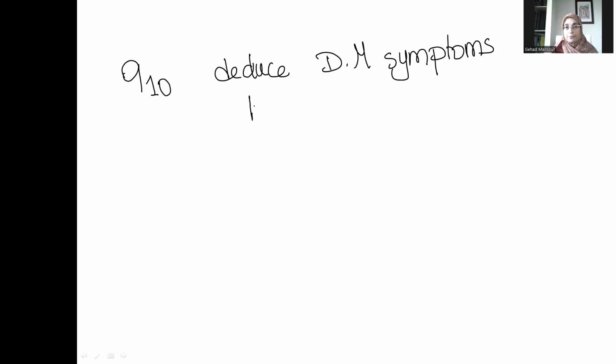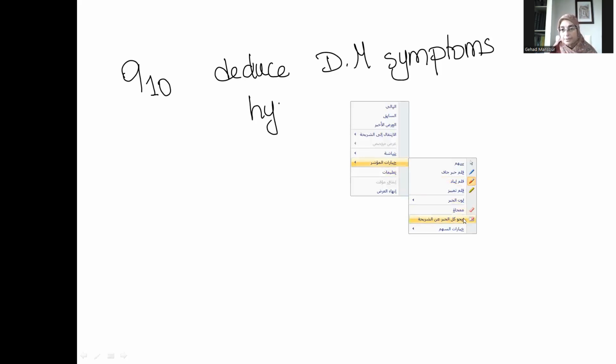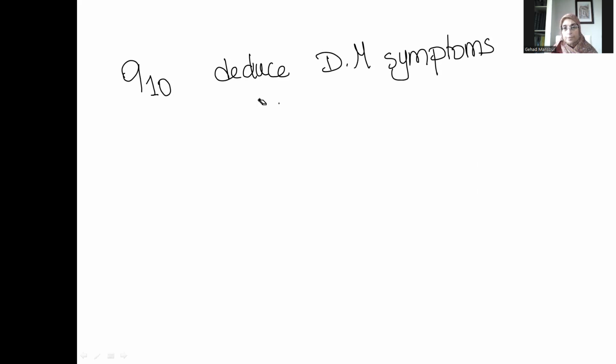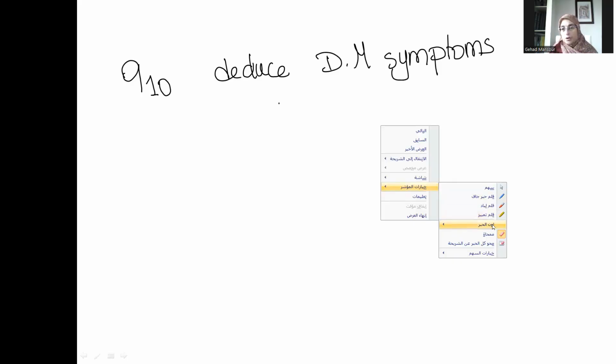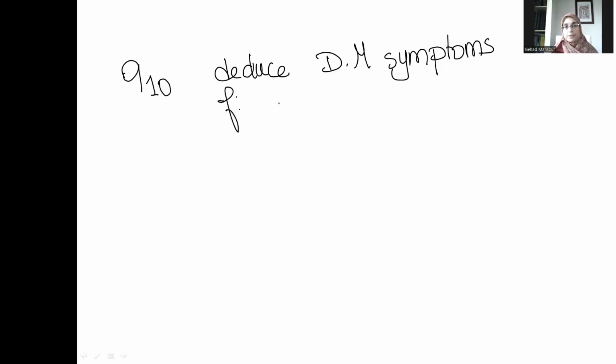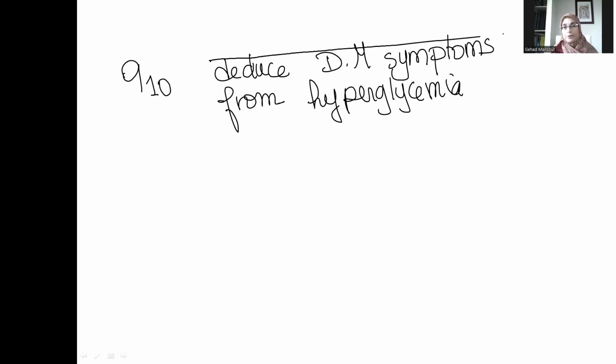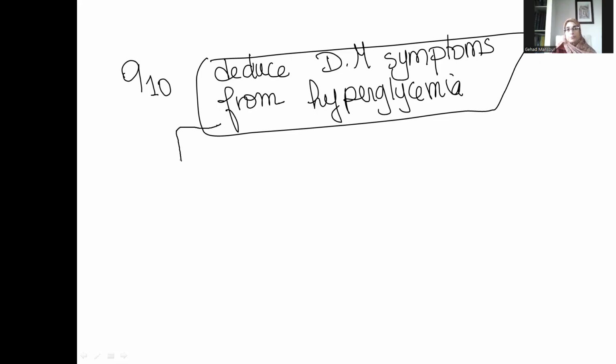So if you have hyperglycemia, let me start at the very left side of the screen. So we deduce all the symptoms of diabetes mellitus from hyperglycemia. This is a very important question. Of course, I'll not get the whole question on a test or on a quiz, but you can use pieces of the answer to answer a smaller question.